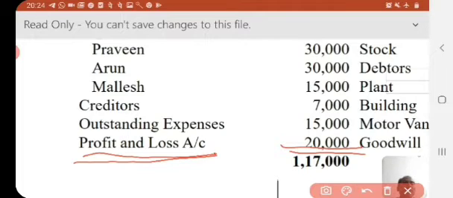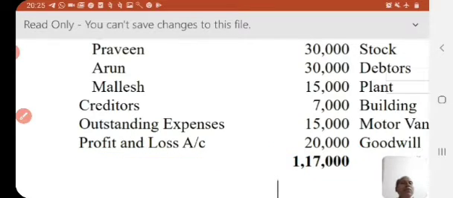So the retiring partner is entitled to share in this profit which is undistributed.